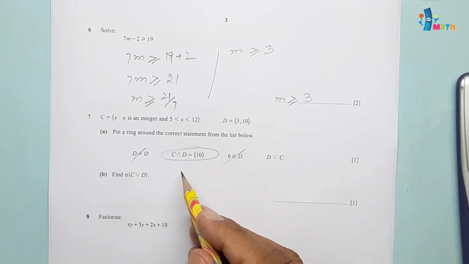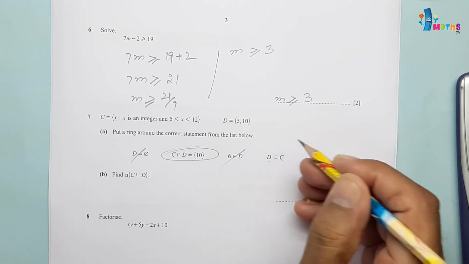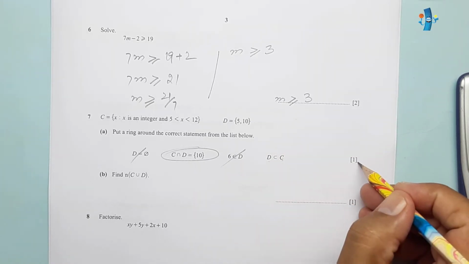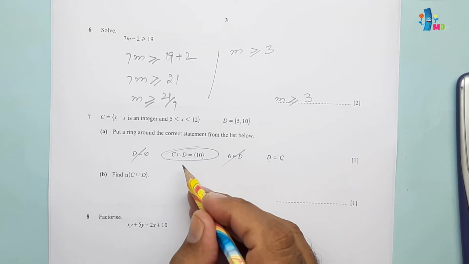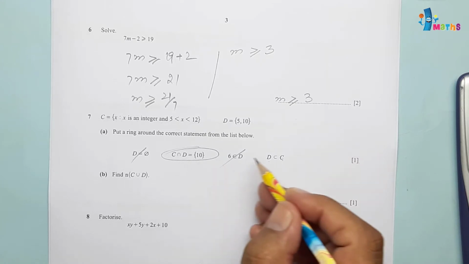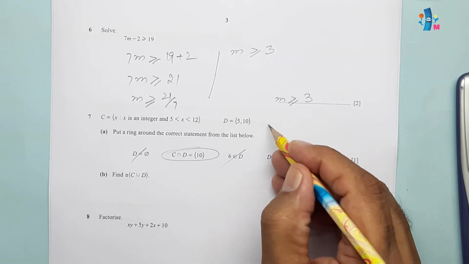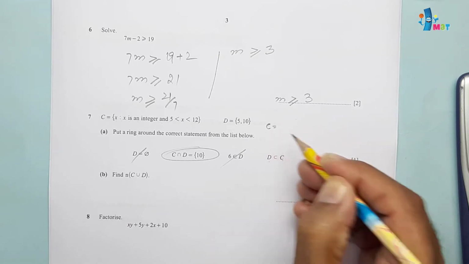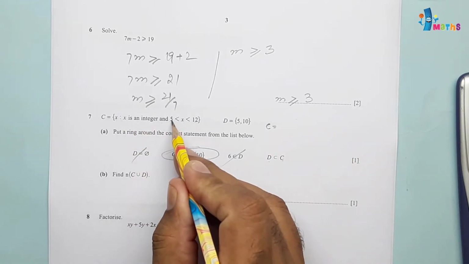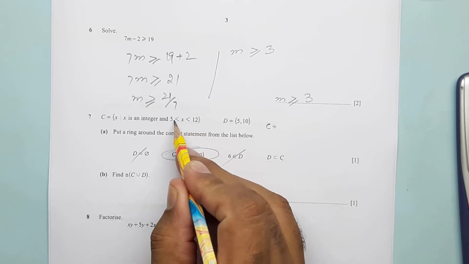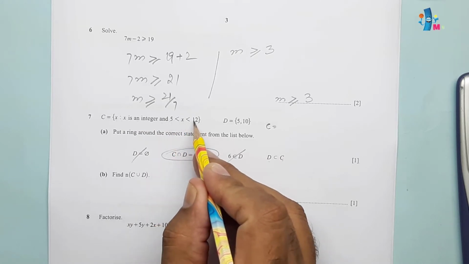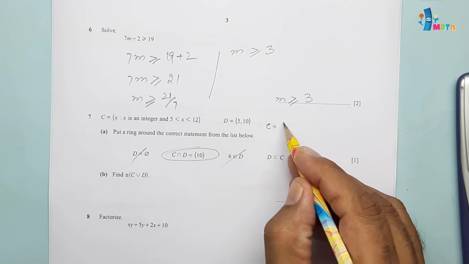How this is correct, we can work out, for example, if you need explanation. Basically this is a one mark question, so no working is required, but I'm writing steps for your understanding. If we write C, this will be starting from 6 onward, because 5 is excluded and 12 is also excluded.